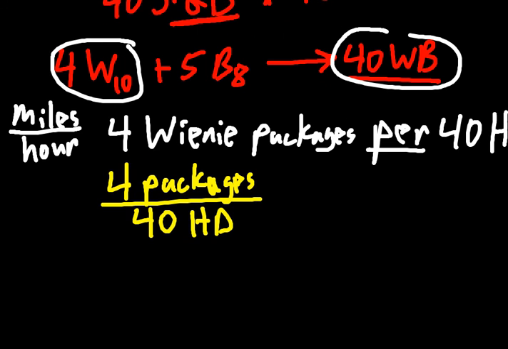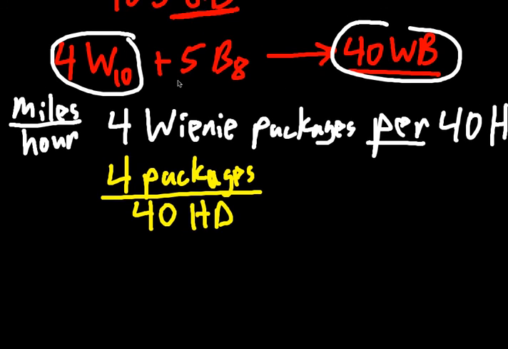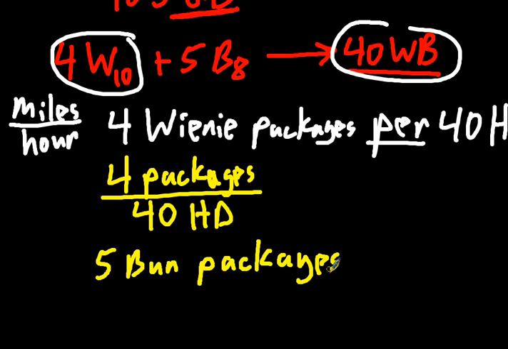Same for our buns. So we have 5 bun packages per 40 weenie bun combinations, or 40 hot dogs. So we could write that as 5 bun packages per 40 hot dogs.